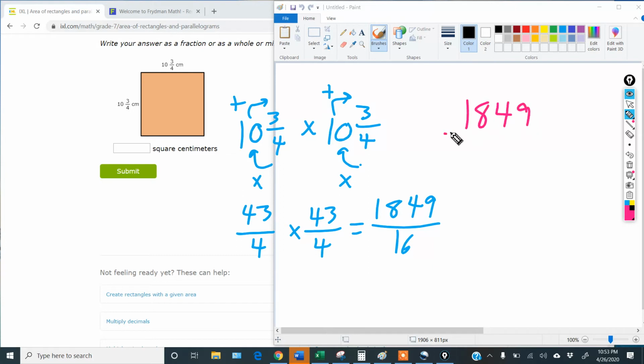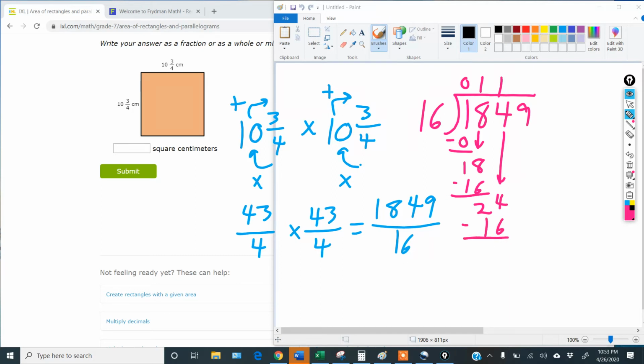1,849 divided by 16. So 16 does not go into 1, so we'll put a 0 there. Subtract. Bring down the 8. 16 goes into 18 once. It would be 16. Subtract. We have 2. Bring down the 4. 16 goes into 24 once. We get 16 there, and that's going to be 8.